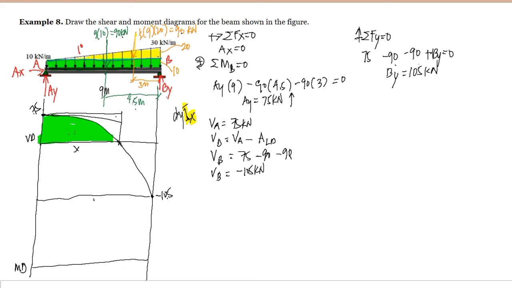Itong rectangle na to, pangalanan ko siyang area 1, ay nag-contribute dito sa shear ng area 1. And itong triangle naman na to, tatawagin nating area 2, ay yung magnitude ng shear dyan sa area 2. So, tatlong area yung involved dito.